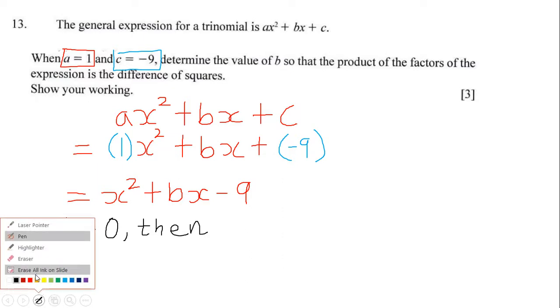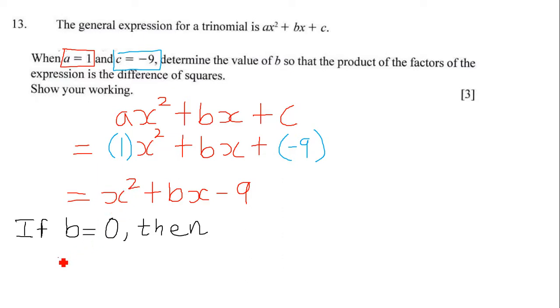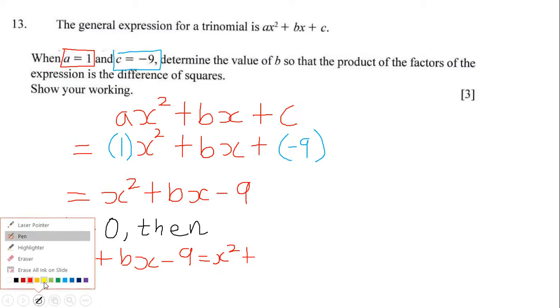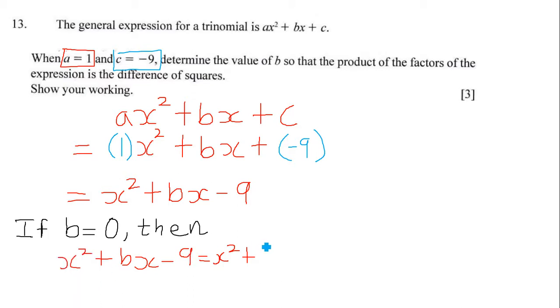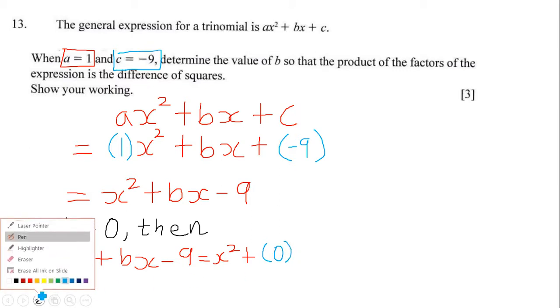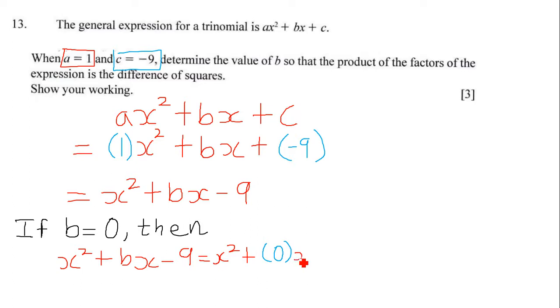Then x squared plus bx minus 9 is going to be equal to, remember b is 0, so it's going to be equal to x squared plus 0x minus 9.